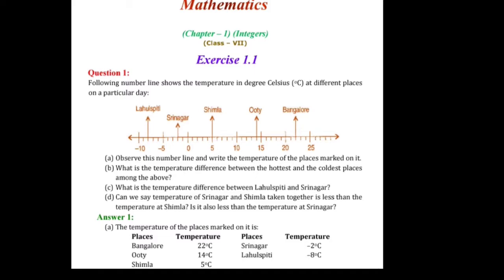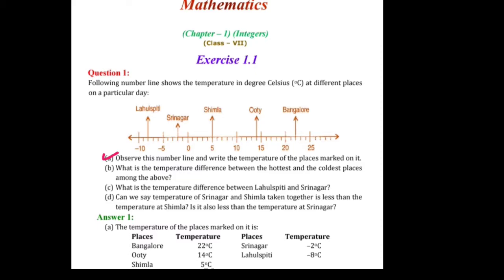Students, see, in the number line there are different cities and their temperatures are also different. In this question number 1, observe this number line and write the temperature of the place marked on it.